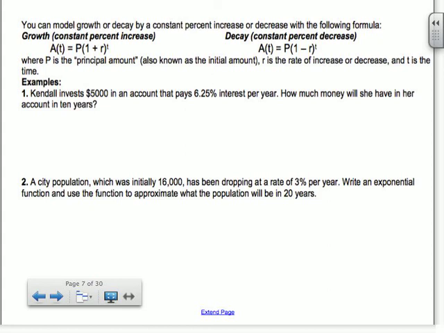All right, so Kendall invests $5,000 in an account that pays 6.25% interest per year. How much money will she have in her account in 10 years? P is what we call our principal amount, or the initial amount. R is the rate of increase or decrease, so in this case, this is our R. And T is the time.